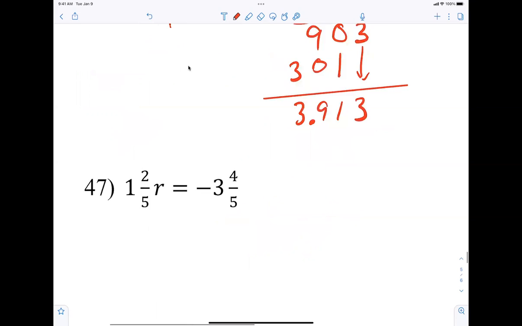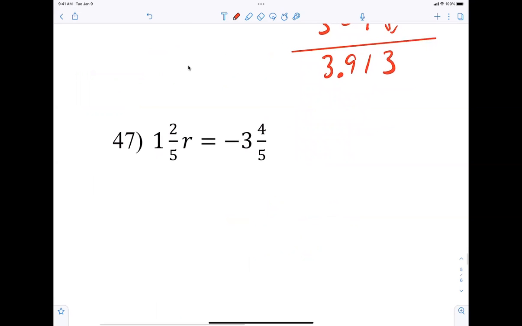All right. We got you a tough one. What do I have to do first? You gotta make the mixed numbers improper fractions. Yes. So the first one is 1 and 2/5, and 2/5 is 7/5. And then the 3 and 4/5 is 19/5.